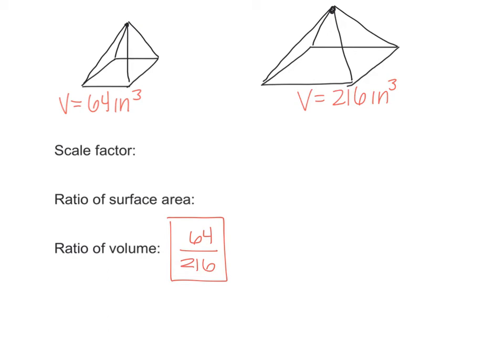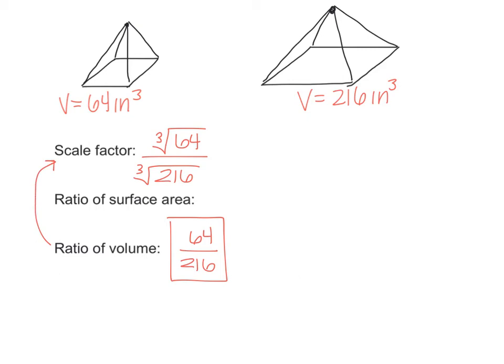Now, when I go and look at my scale factor, again, keep in mind that when we went from scale factor to ratio of volume, we cubed everything. So to go backwards, to go from volume to scale factor, all we have to do is take the cube root of both of these things. So going from here to here, we're going to take the cube root.